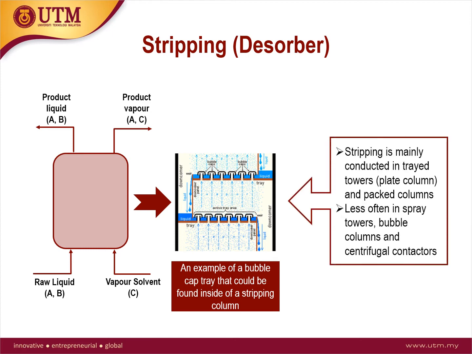The stripping process is mainly conducted in tray towers or plate columns and packed columns. There is less often application of stripping by using spray towers, bubble columns, and centrifugal contactors.